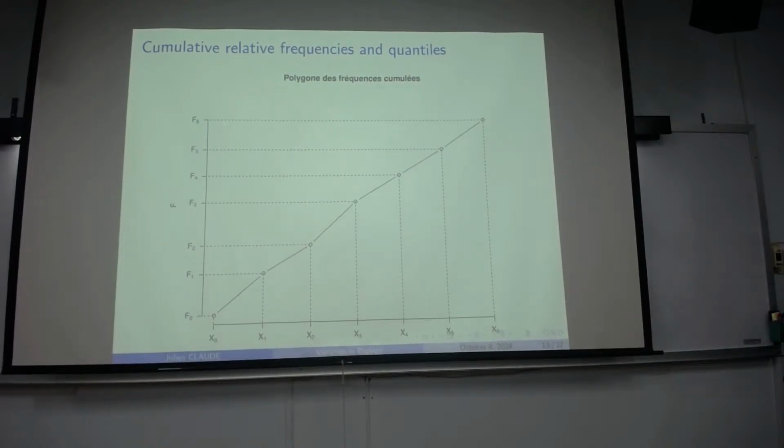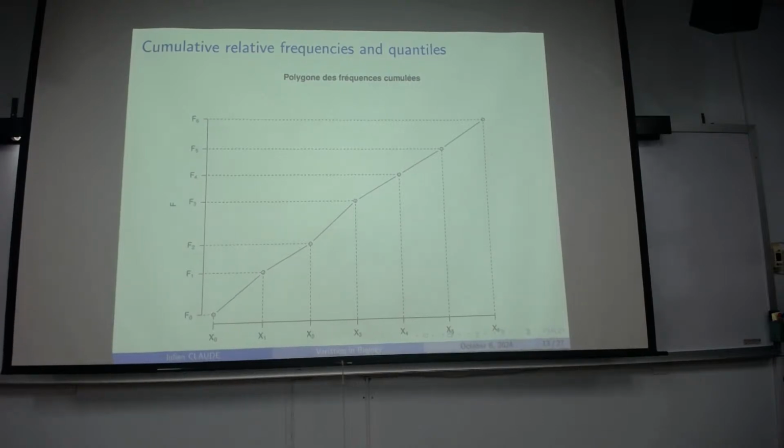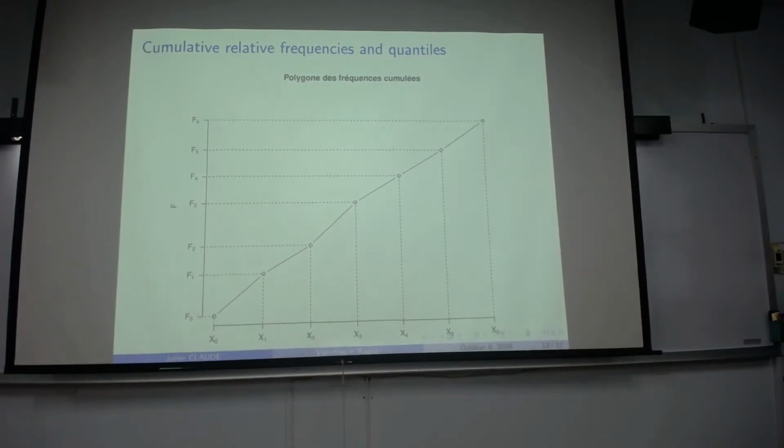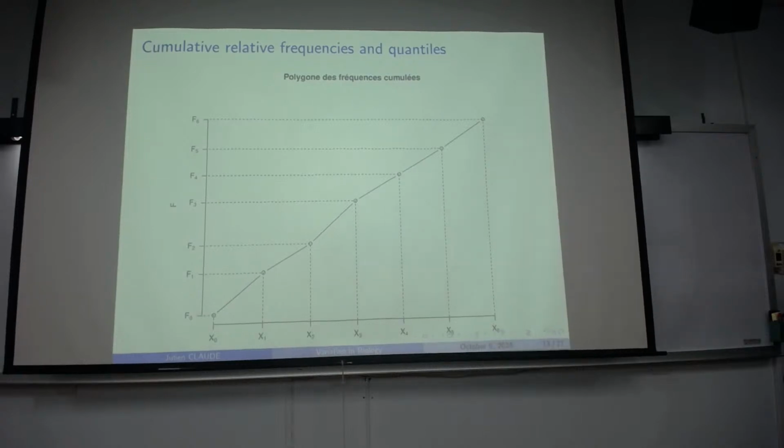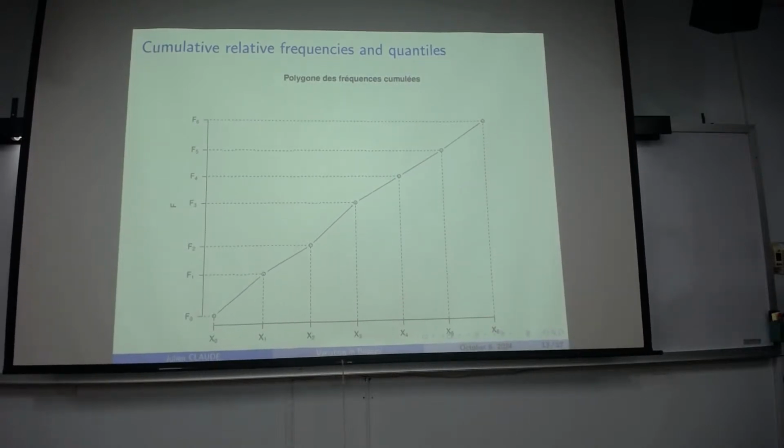Usually we make a linear interpolation, meaning that I will increase my sample size slowly from the smallest value to the largest value. And I will know the exact quantile for each cumulative frequency, for the lower or upper bound of each class.